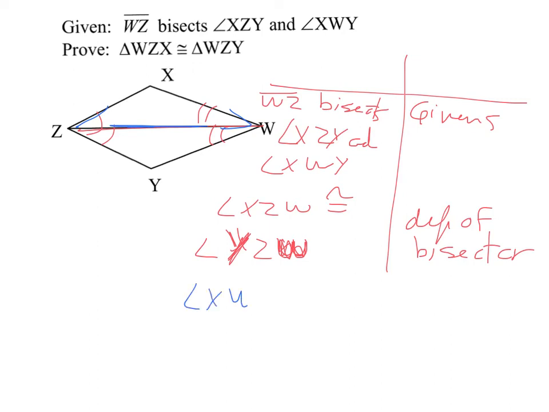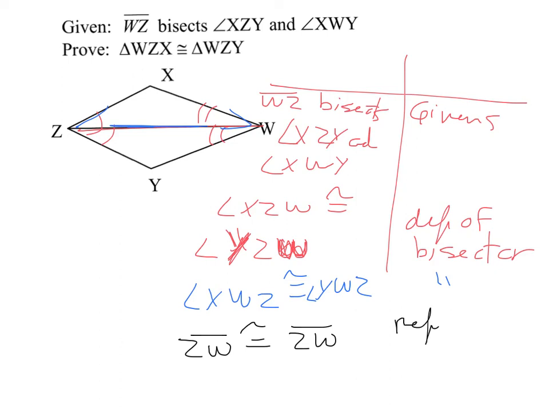Angle XWZ is congruent to angle YWZ, definition of a bisector. And then ZW is congruent to ZW because of the reflexive property.